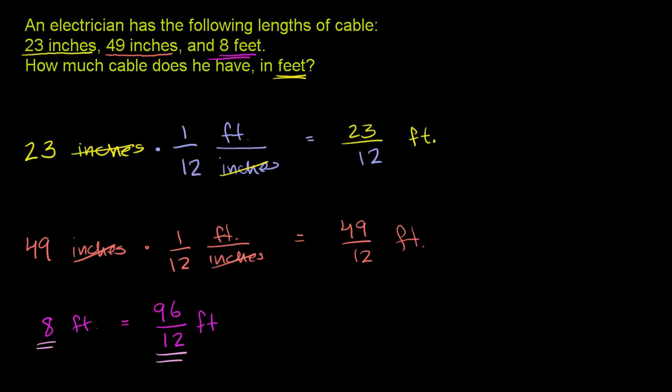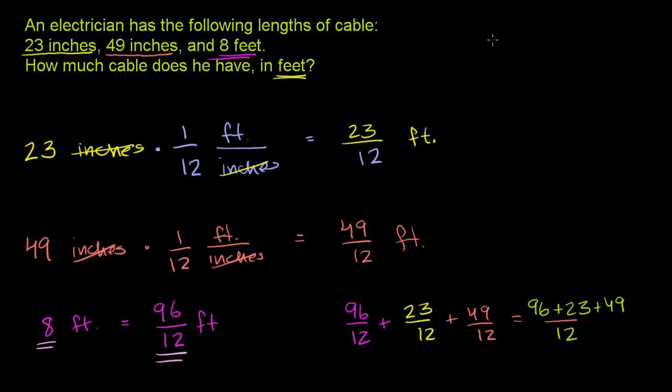And now I can add everything up. The total length of cable he has is 96 over 12 plus 23 over 12 plus 49 over 12. Everything is in feet, so this answer will give us feet. We have all the same denominators, the denominator is 12, so our numerator is going to be 96 plus 23 plus 49.